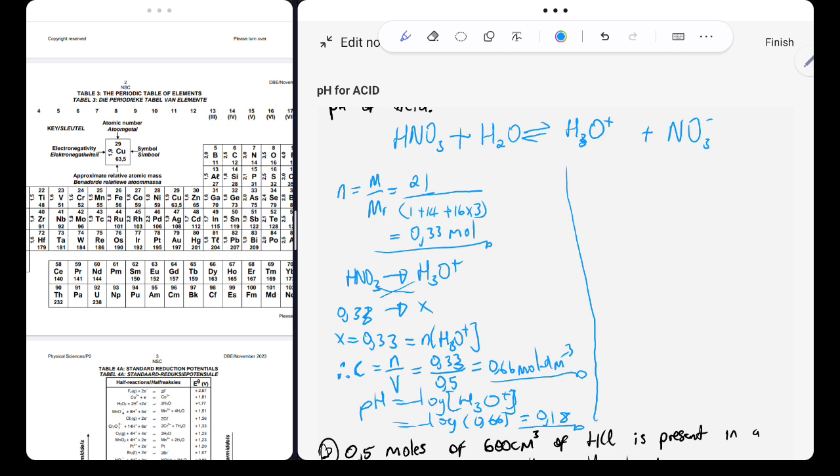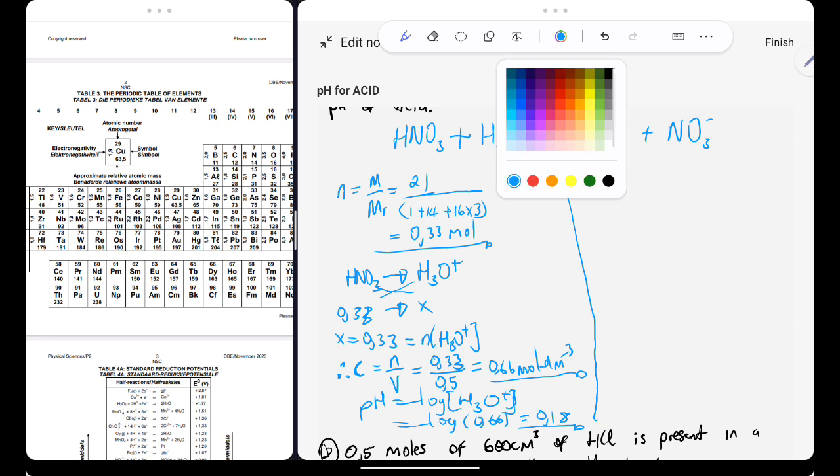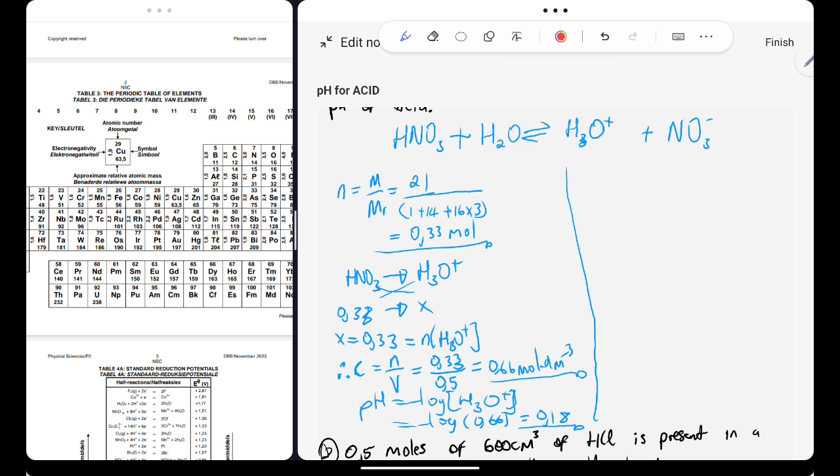I could have calculated the concentration of my acid right away. The concentration of my acid is mass over the relative molar mass multiplied by volume. Let me calculate the molar mass: 1 plus 14 plus 16 times 3. It's 63. I want to find the concentration of my acid.